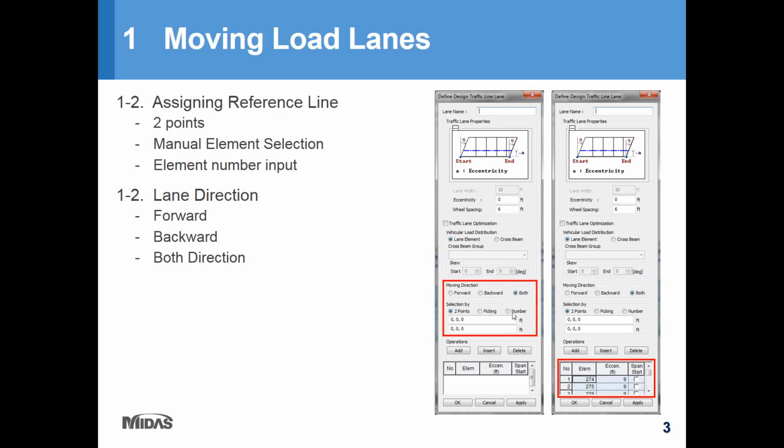It's the same as picking, but once you define the structure group, the program will tell you the element numbers for the structure group. You can simply copy that and input it in the number window, and then the line lane will be automatically generated.